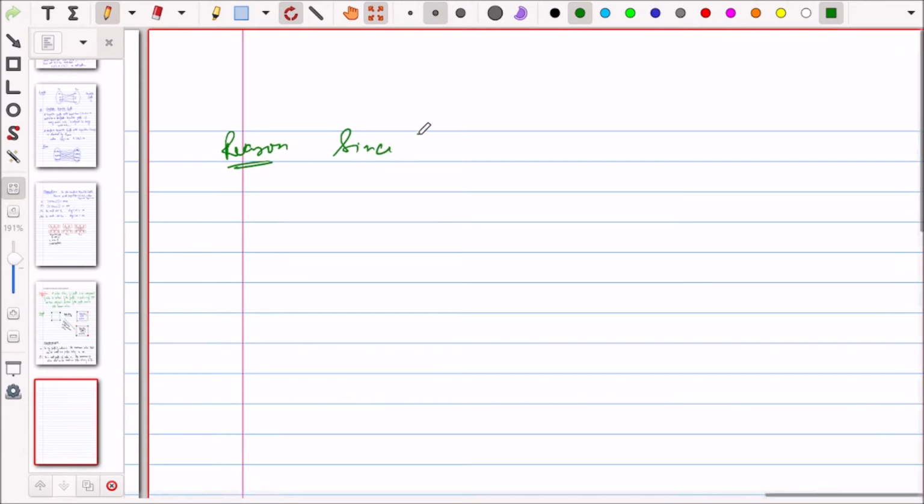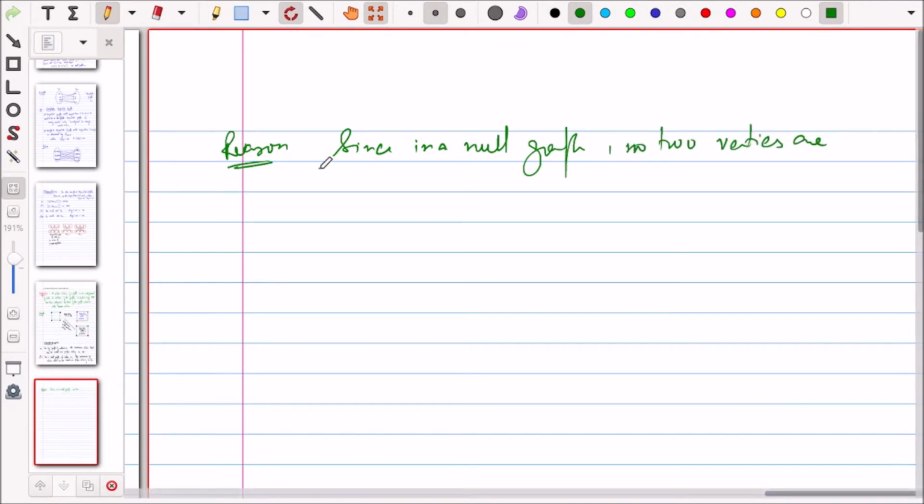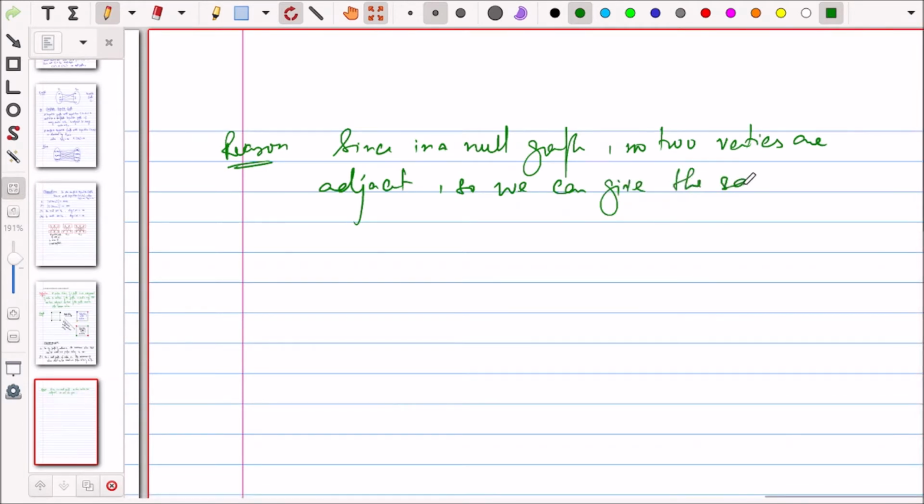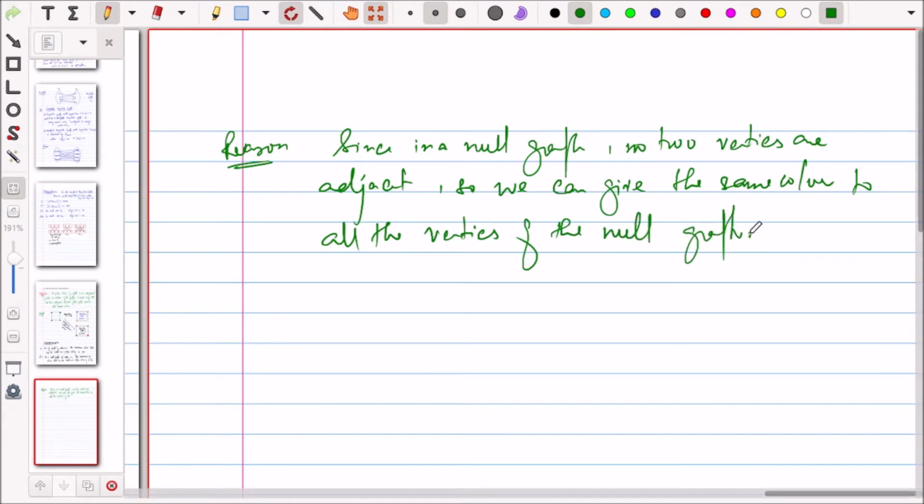Since in a null graph no two vertices are adjacent, so we can give the same color to all the vertices of the null graph, right?